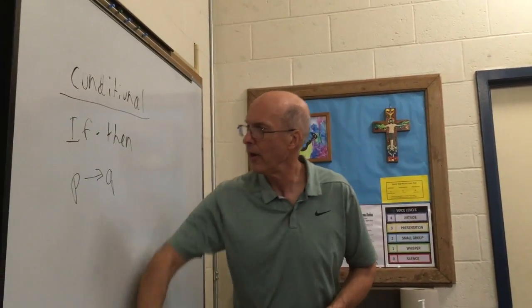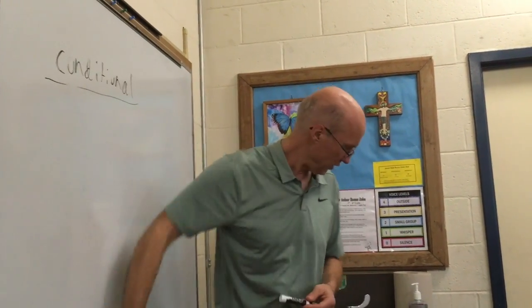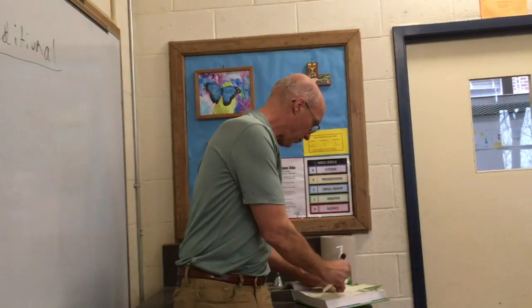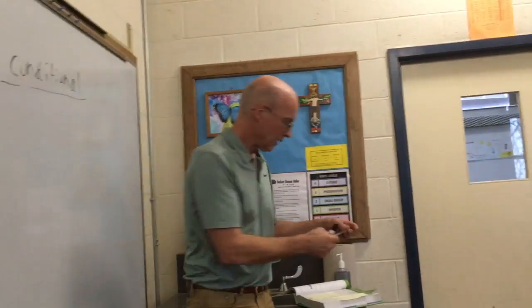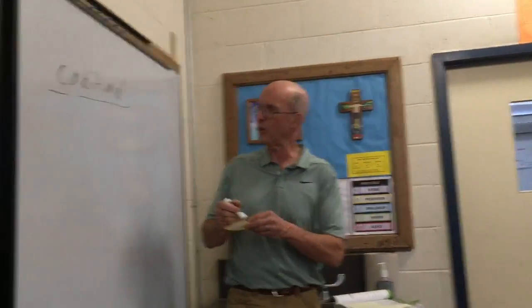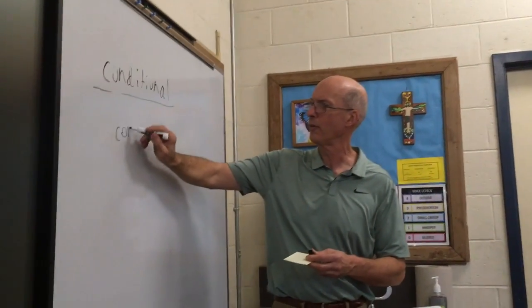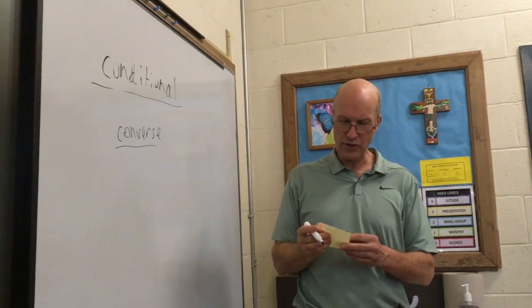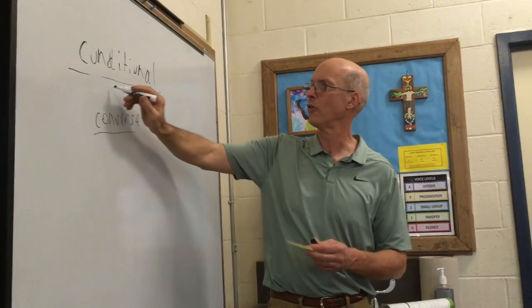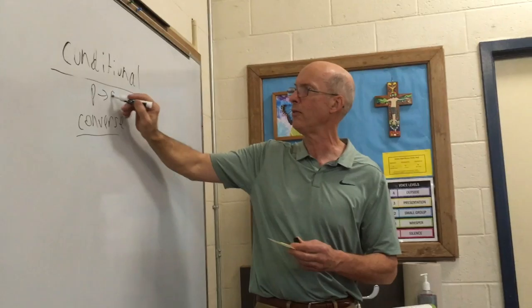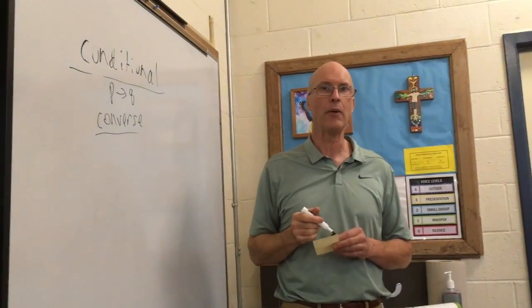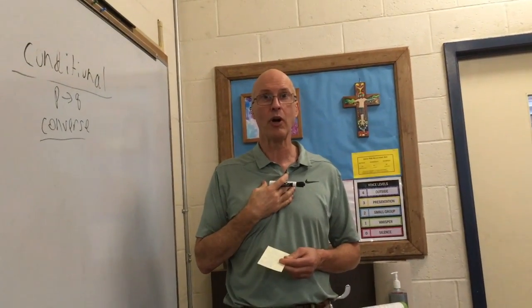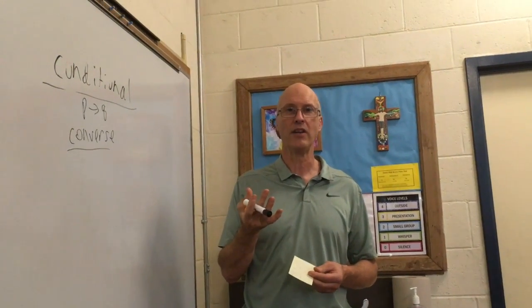All right, in your book, you'll see there are a number of different words. One is called a converse. A converse is if you switch the two parts. So remember we had P and then Q. So for an example on that one, it'd be if I'm wearing purple, then it is Husky game day.